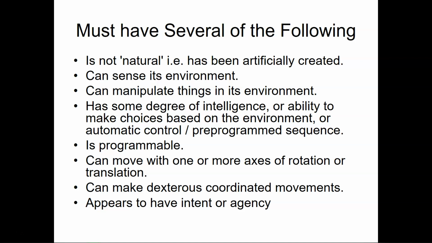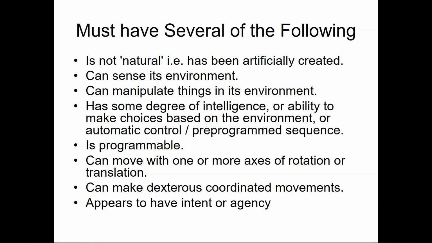Okay. So the robot is not sentient, but we can make it seem sentient by the things we do. Just to kind of give you a heads up on what all that's about. It's programmable. It can move with one or more axes of rotation or translation. It can make dexterous coordinated movements.